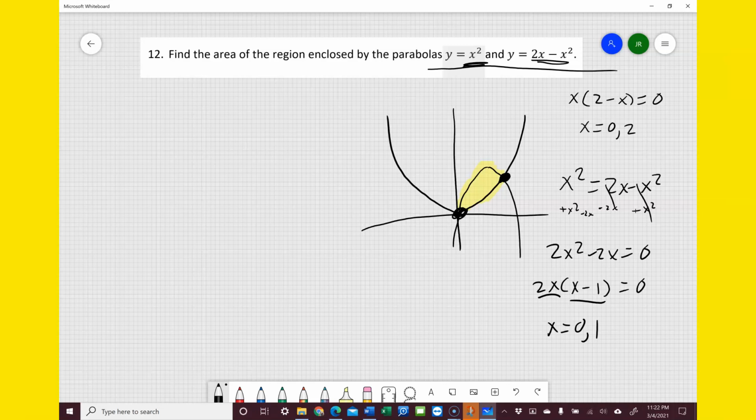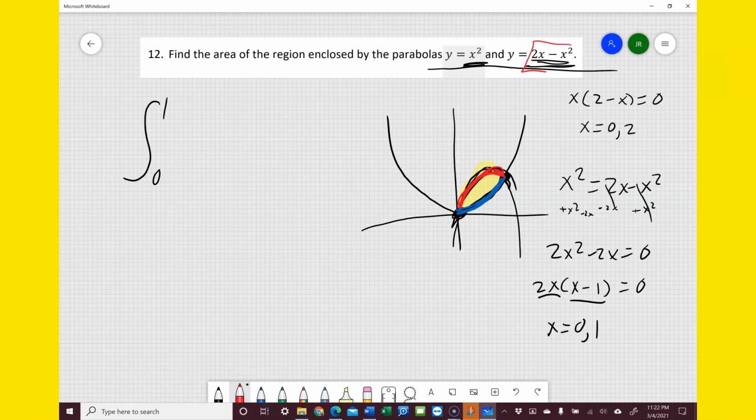Perfect. I can now do the integral from 0 to 1 of this guy minus this guy. Or maybe I should say the red one here minus the blue one here. So the red one is this one.